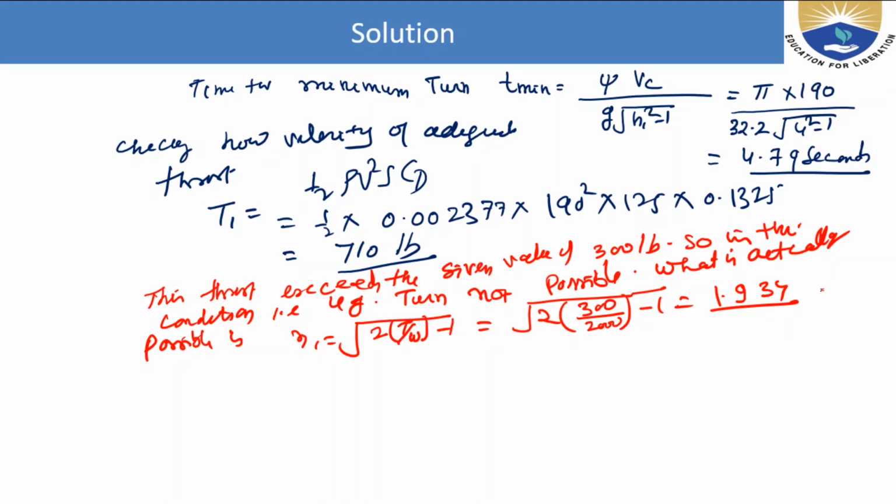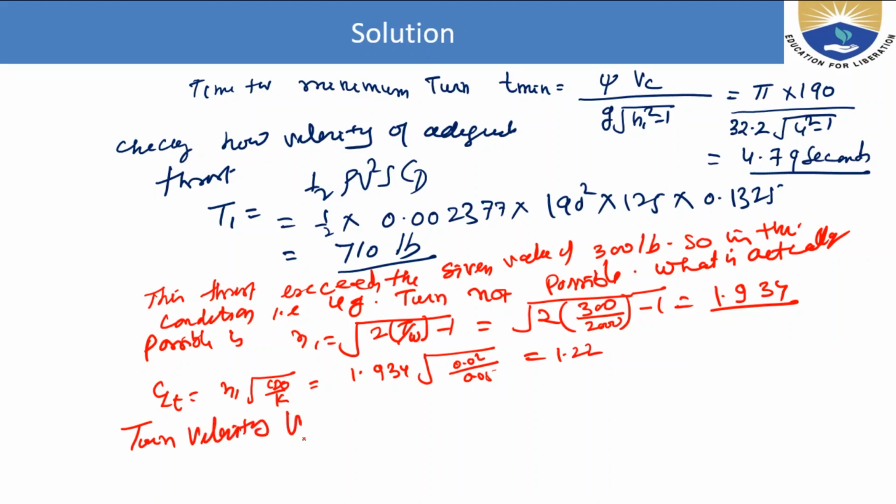Now, in order to calculate the flight velocity, the turn lift coefficient, that is CLT, is equal to N1 under root CD naught by K. So we can write N1 is 1.934, CD naught is given 0.02, K 0.05. So we will get 1.22. So this is the coefficient of lift for this, and the turn velocity Vt is equal to under root 2 W N1 divided by rho S CL.